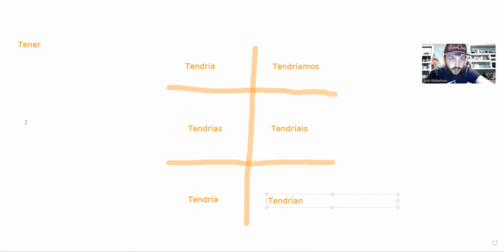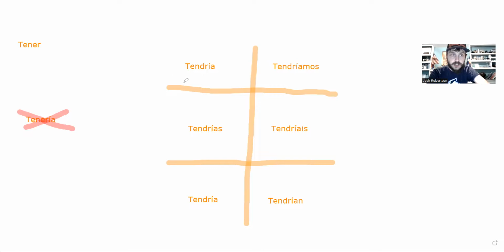Tendrían. What is wrong with it if I say tenería? What is wrong with tenería? See, tenería is a word that does not exist in the Spanish language. So I would like to mark a red X on that, because that is a Spanish word that does not exist. Go back to my original color.